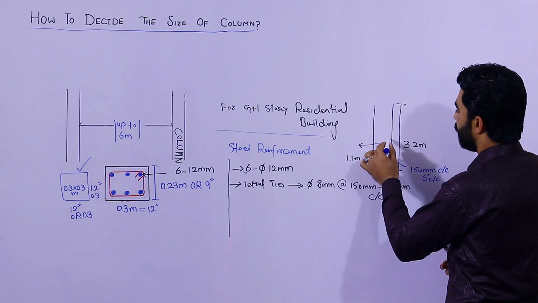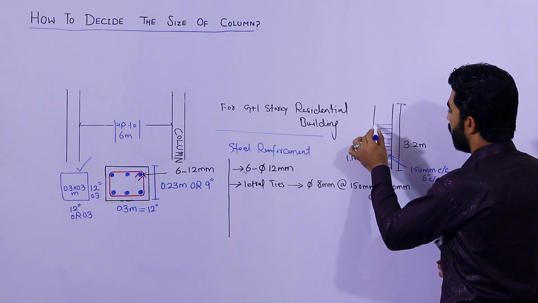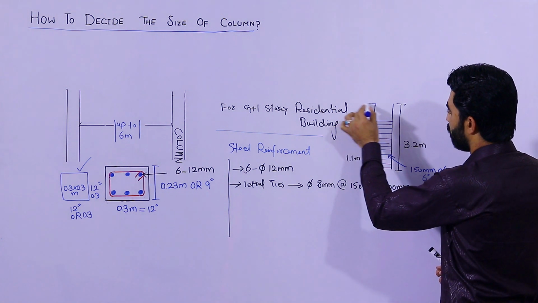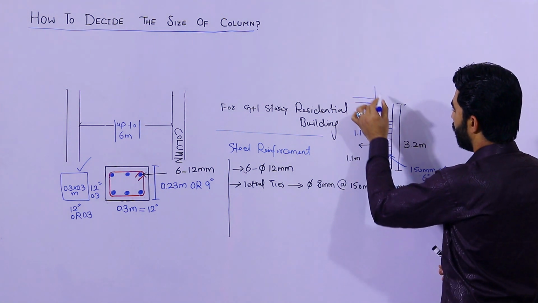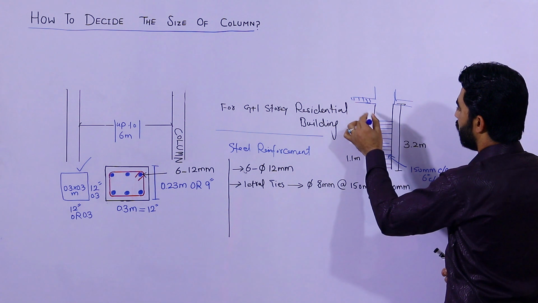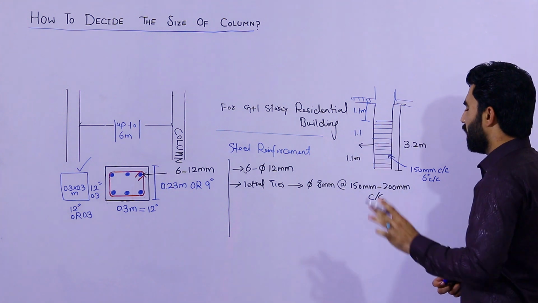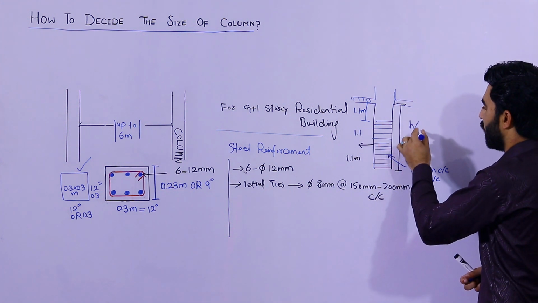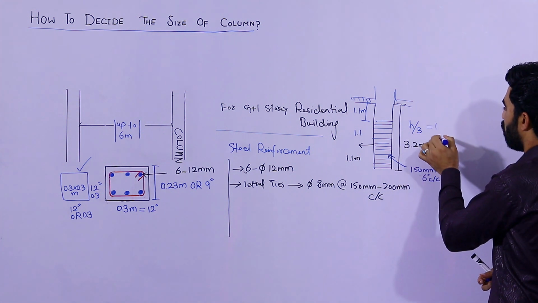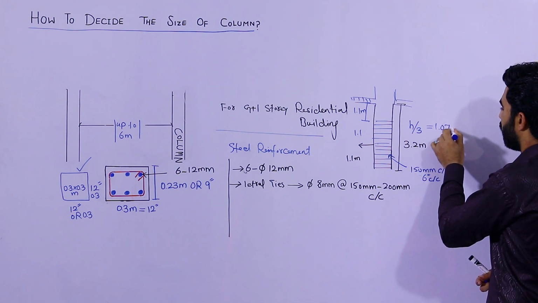After this 1.1 meter, you can increase the spacing. Suppose this is the RCC slab. Again from the slab, the height should be divided by 3, so this is about 1.075 you can say.